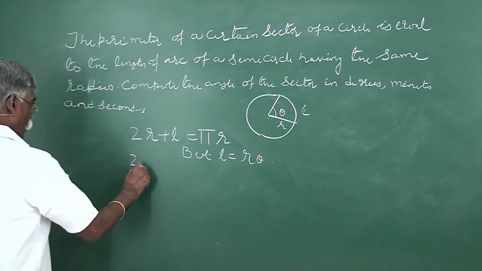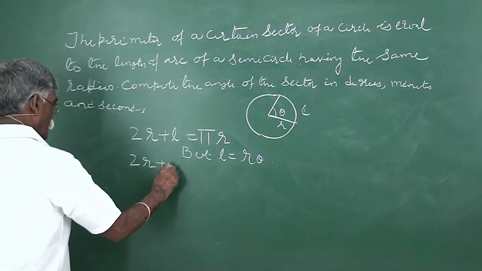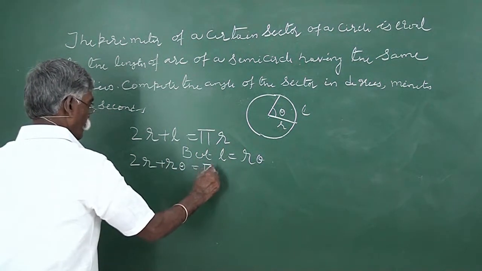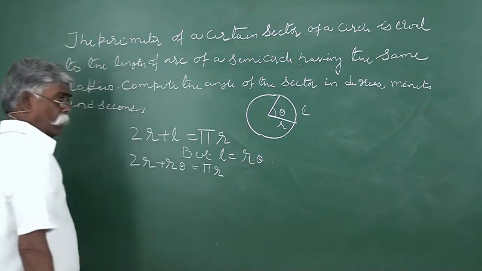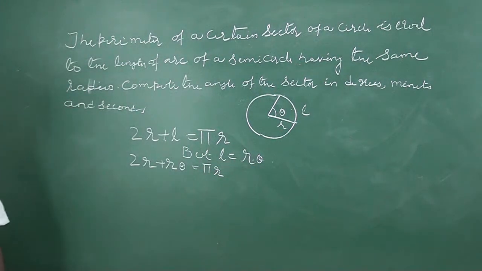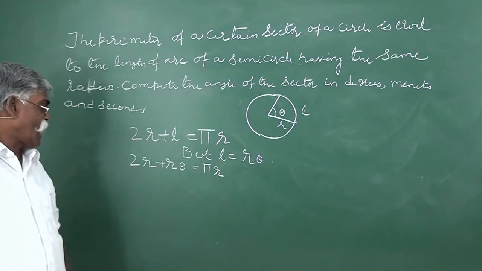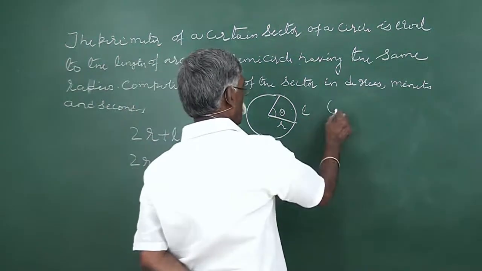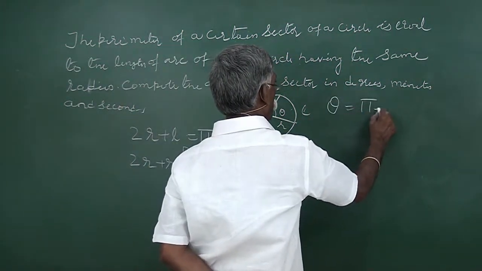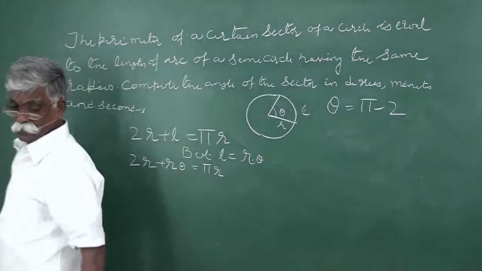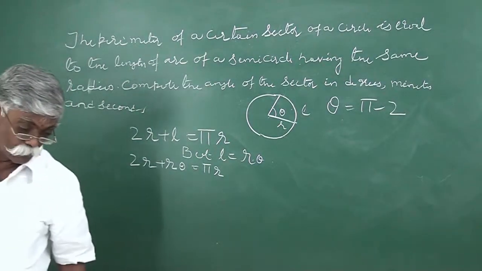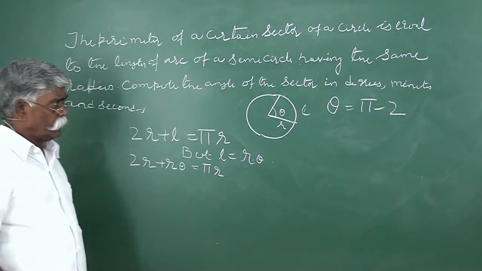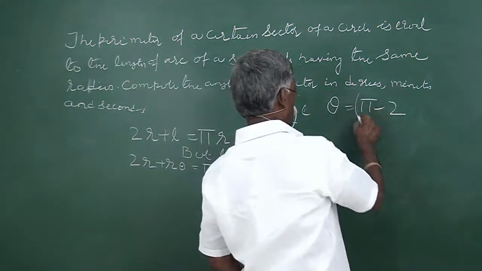So 2r plus r theta is equal to pi r. L equal to r theta, that is radian measurement. Now r gets cancelled, therefore theta is equal to pi minus 2. So therefore it is pi minus 2 radians.